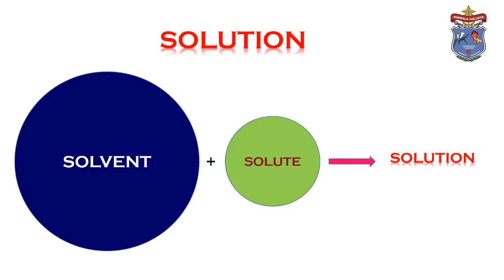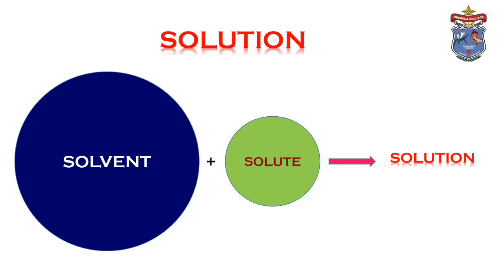Solution. A solution is a homogeneous mixture of one or more solutes dissolved in a solvent. Solvent, the substance in which the solute dissolves to produce a homogeneous mixture. Solvent is usually present in a larger quantity.